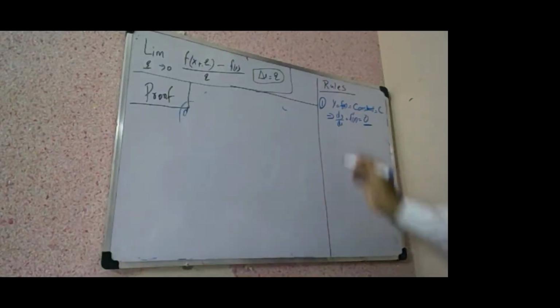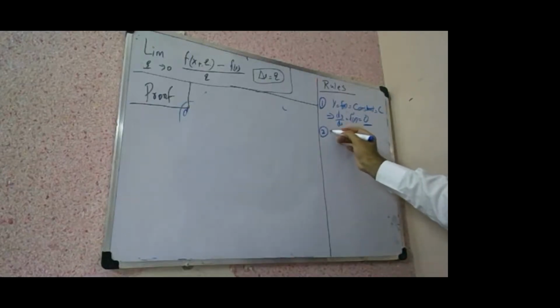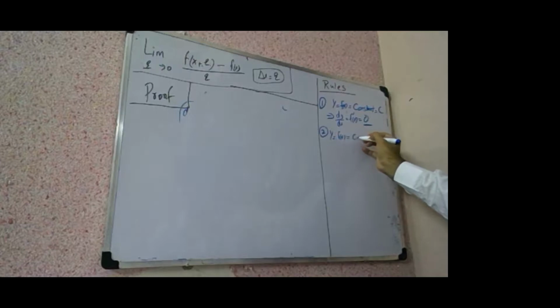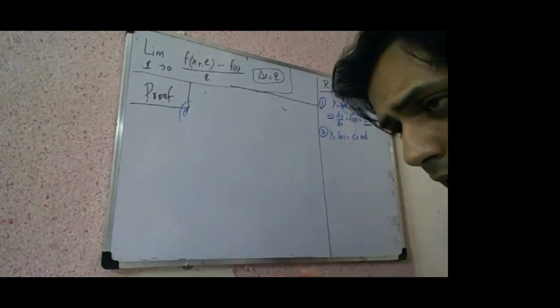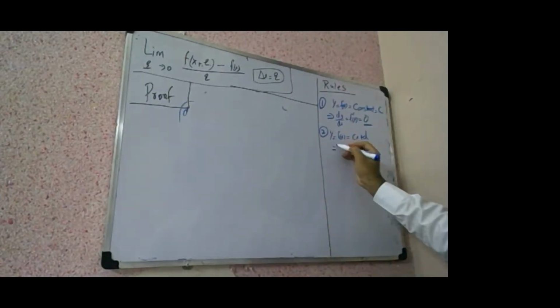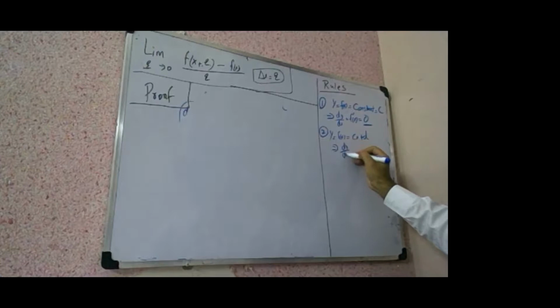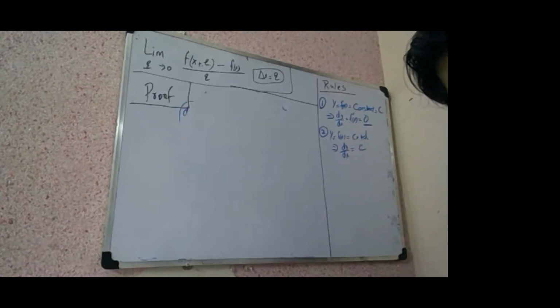Got it? Now, rule number 2, if y equals function of x, any function of x, which is equal to cx plus d, means linear, right? So if the function is linear, then dy by dx should be constant. How?